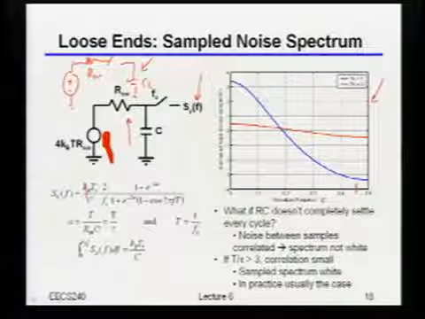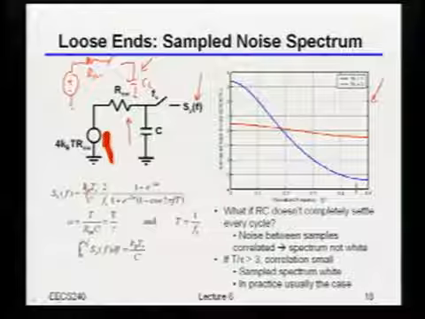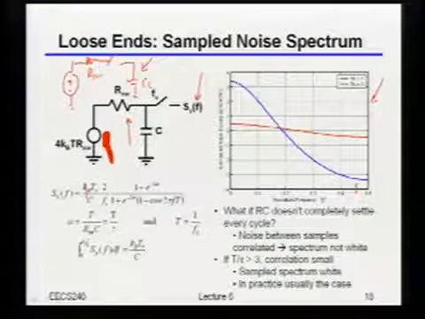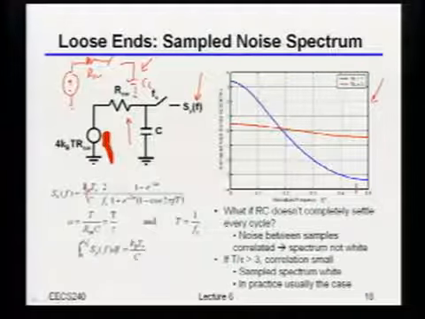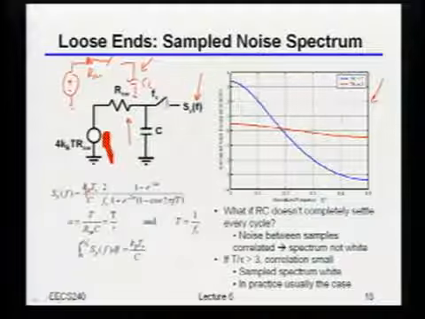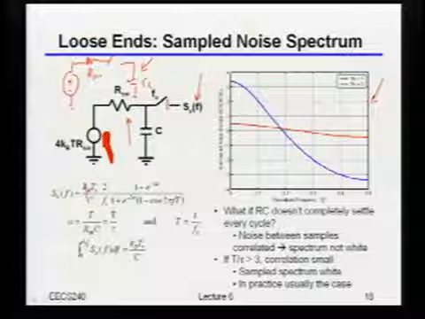Okay? So why do I mention this? Well, what this basically tells you is if I'm going to be building a circuit that has this sort of sampling in it, which, by the way, a lot of the circuits we're going to be talking about will do, a lot of times we like to just assume that what we sample on this side is totally white, but that may not necessarily be the case. Okay?